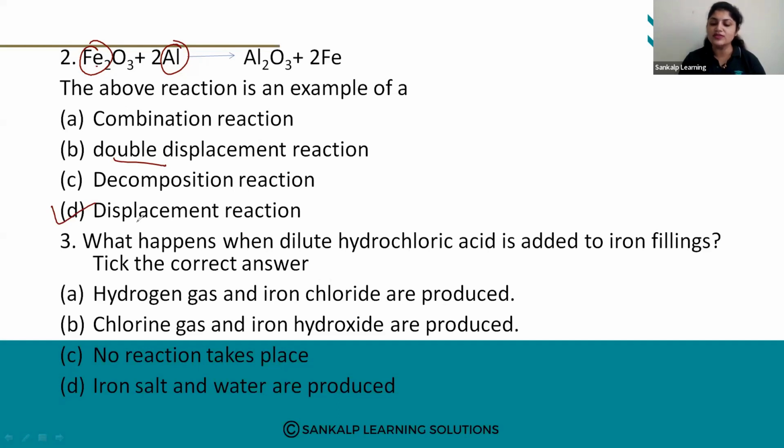Here the oxygen from the ferric oxide is getting displaced to the aluminium metal to form aluminium oxide. In this reaction, aluminium is more reactive than the metal iron, so aluminium will displace Fe from its oxide. This type of chemical reaction is called a displacement reaction, in which one element gets displaced by another. The less reactive metal is displaced by the more reactive metal.